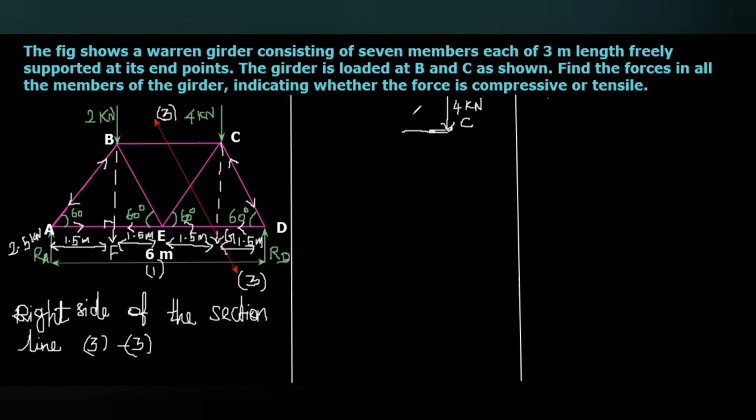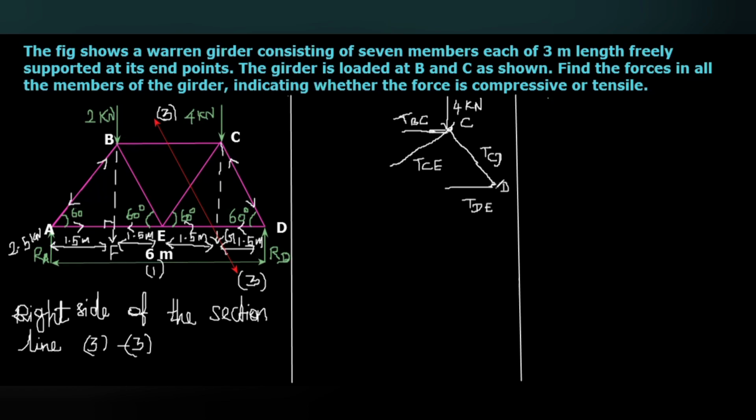This is the force in the member BC, one inclined force. Tension in the member CE, here another inclined force. Tension in the member CD. And then here, if this is point D, from the point D there is a horizontal force, tension in the member TDE.